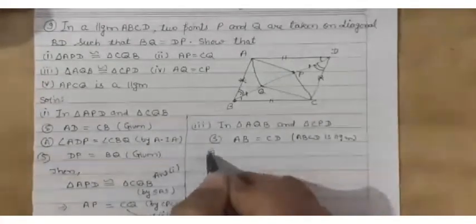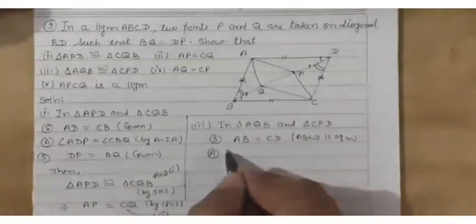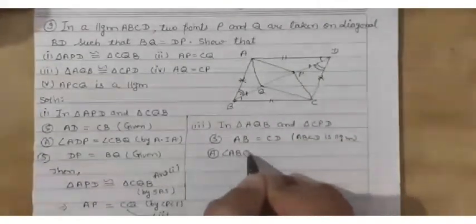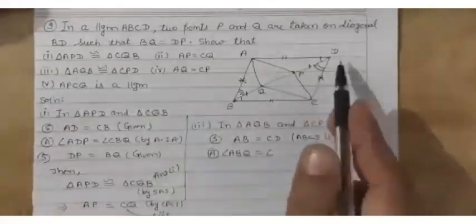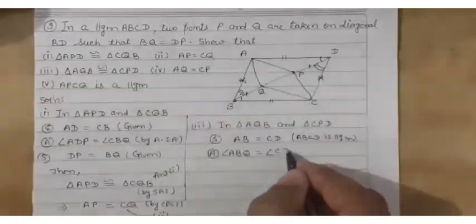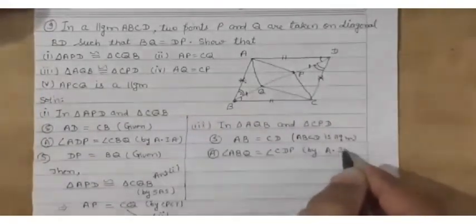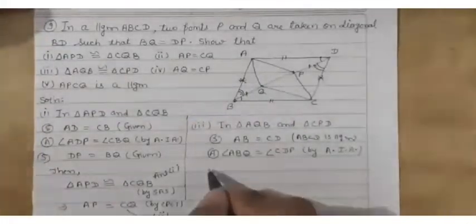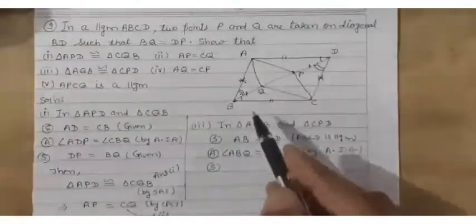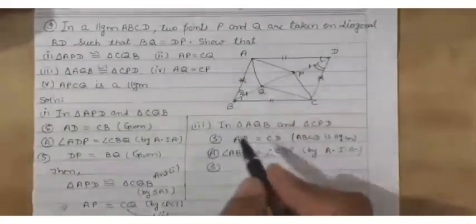Now I am taking angle ABQ, which is equal to angle CDP by alternate interior angles. Now the third side: BQ is equal to DP.